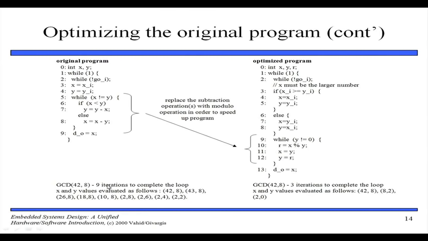So, it takes 9 iterations, whereas if I do it in this algorithm with these operations, then I can get it done within 3 iterations. So, this is a very nice example of showing how I can play with the algorithm itself to go for a more computationally efficient algorithm.